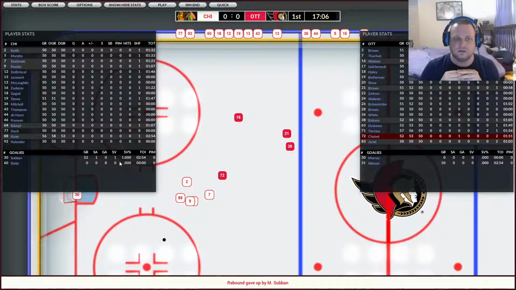So any goaltender that gets around those numbers is playing average goaltending, so not too terribly good but not too terribly bad. And then between .915 and .920, you have a goaltender that's playing above average for the league, and then .920 and up is considered pretty good. And then if you have somebody above .930, you have somebody that's elite at that point. So keep that in mind when you're looking at that.